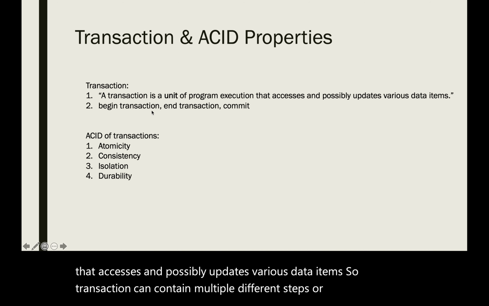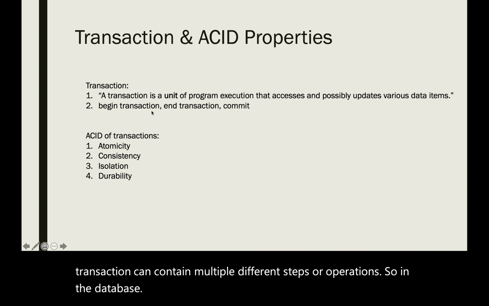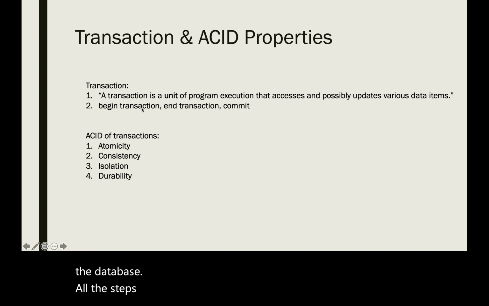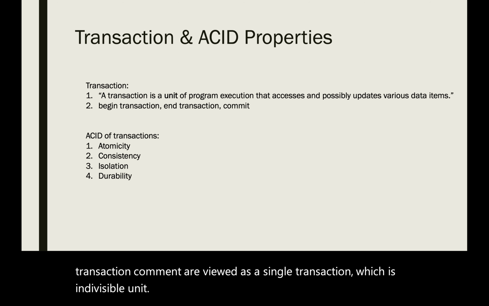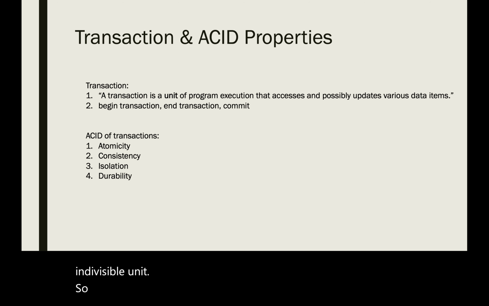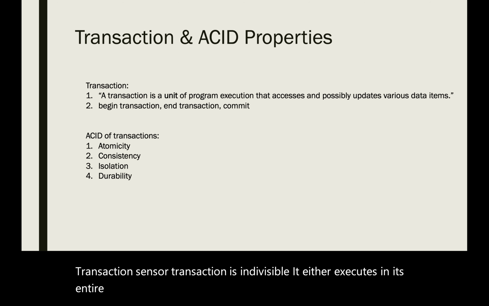So in the database, all the steps and operations between the begin transaction and end transaction command are viewed as a single transaction, which is an indivisible unit. Since a transaction is indivisible, it either executes in its entirety or not at all.